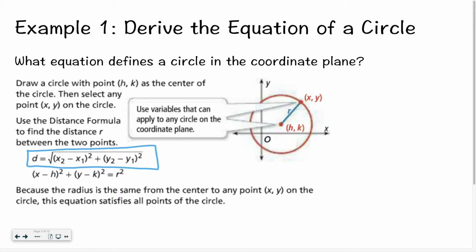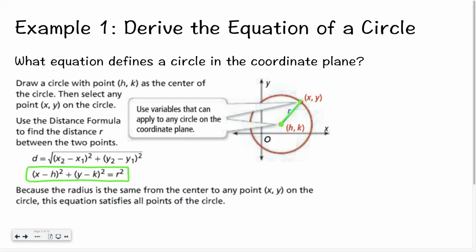Basically, the equation for a circle is just like the distance formula, but instead of having this square root, we move that square root over and we just have d squared. But since we're talking about a circle, we're going to use r squared instead, for radius squared. It's the distance from the center of the circle out to any point on the circle. Remember, that's our radius. It goes halfway across the circle.